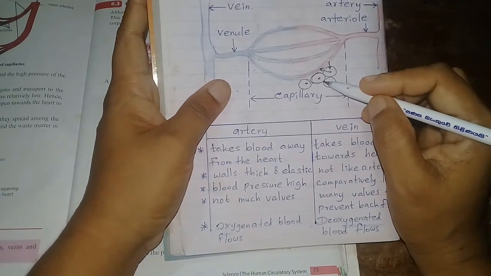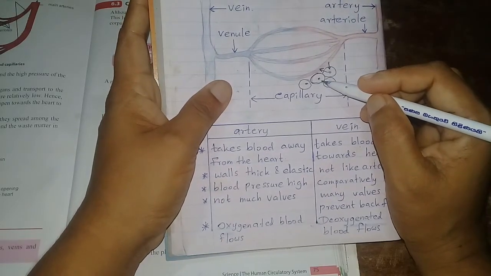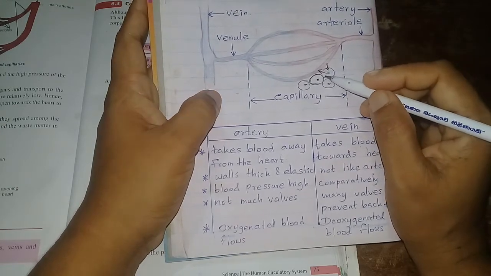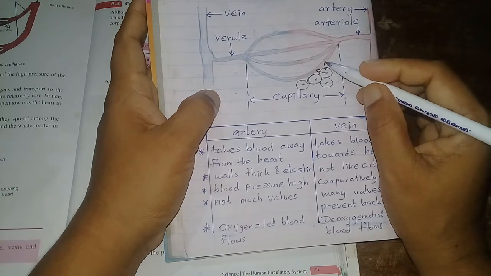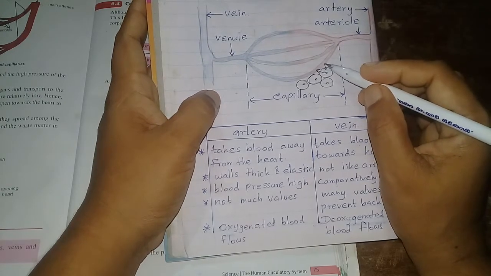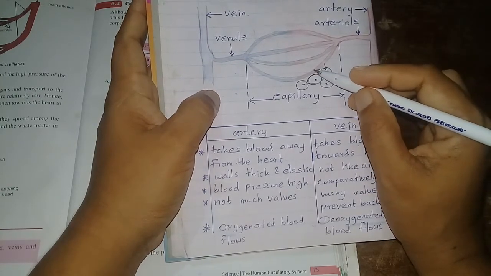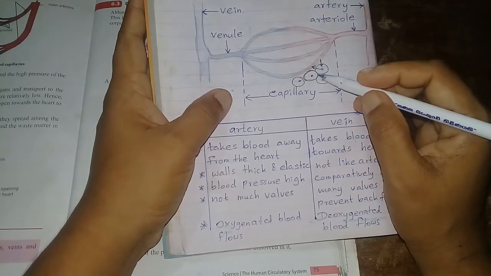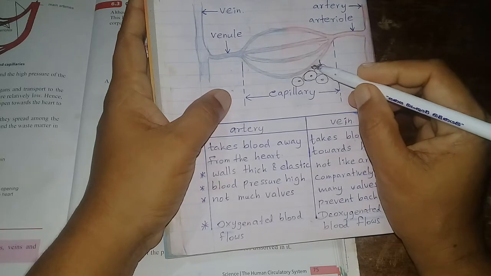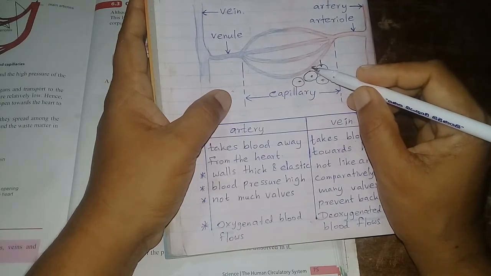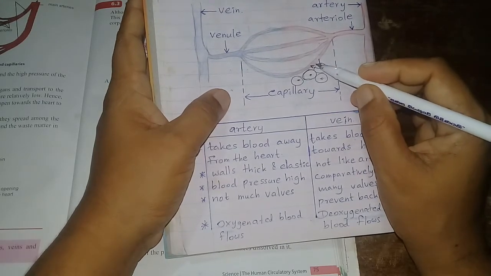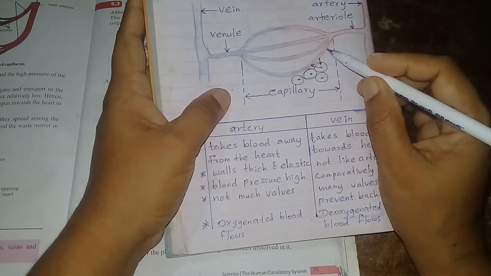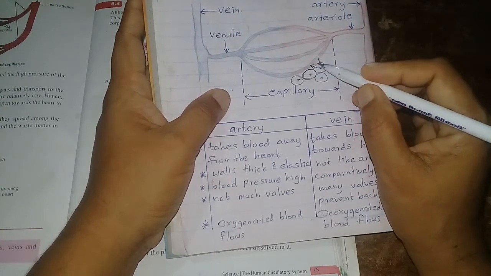The cells always want oxygen and nutrients, so they are taking those materials from the blood. So when the blood passes these cells, how does it give them? They are diffusing. Here the blood has a high concentration of oxygen and glucose, okay? So when it flows near these cells, what happens?